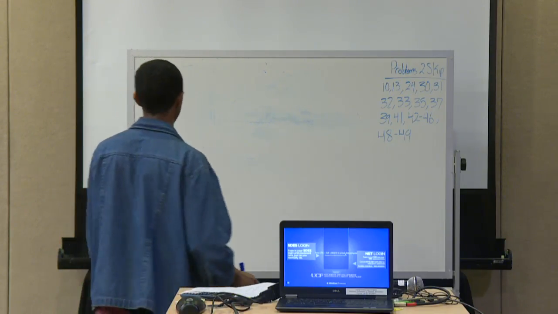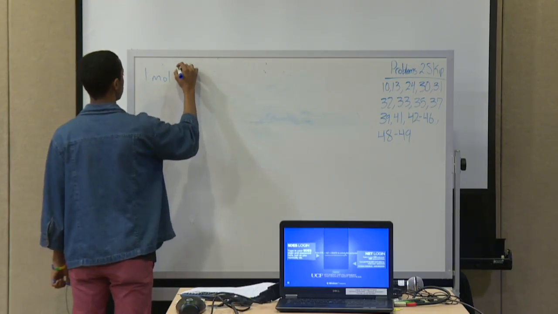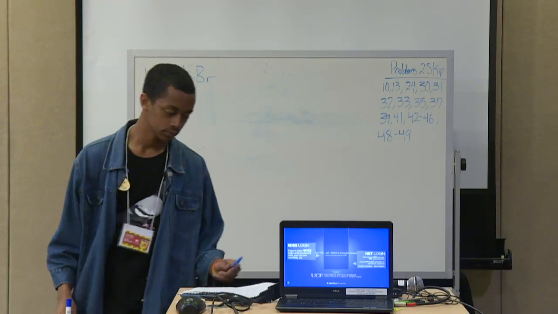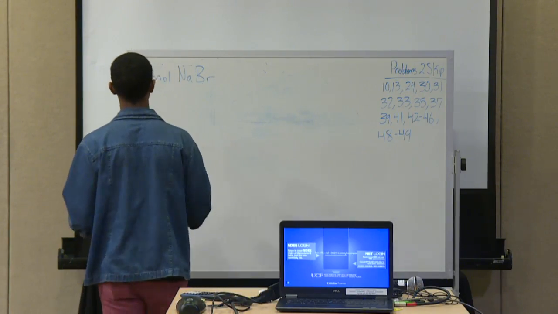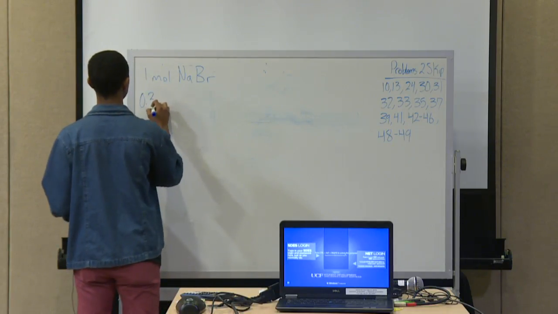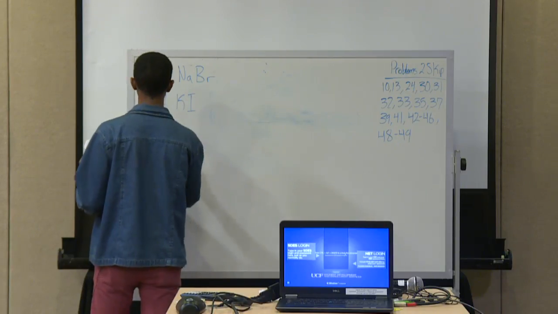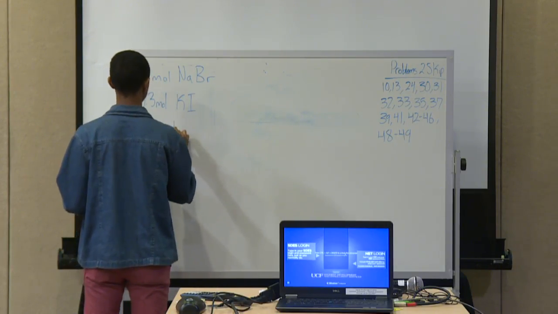So 1 mole of NaBr and 0.3 moles of KI. And they want the percent by mass of iodine.